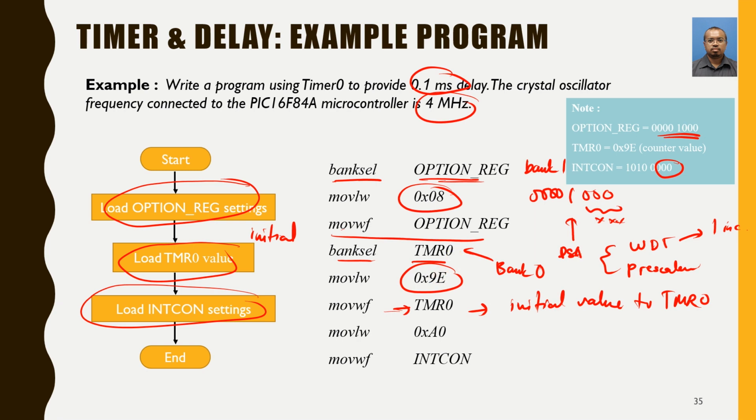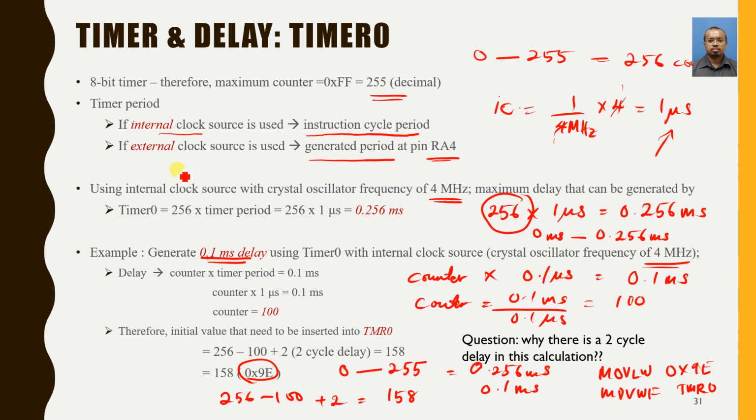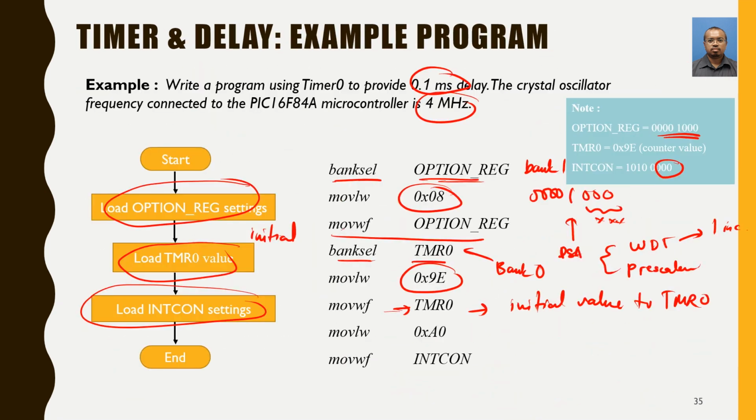In case you forget, let me go back. Yeah, here. Okay. This is to create 0.1 milliseconds delay, using timer with the internal clock source with crystal frequency of 4 MHz. So this is the calculation, and this is how we set it in the program code.